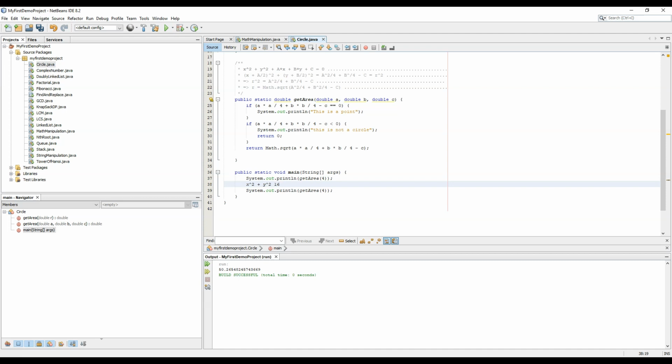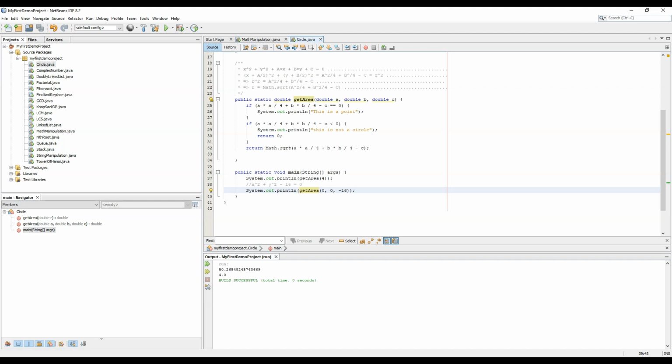So if we take it to the left hand side, it would become x square plus y square minus 16 equal to 0. If we match it, then we will get a equals 0, b equals 0 and c equals minus 16. Now let's calculate the area.